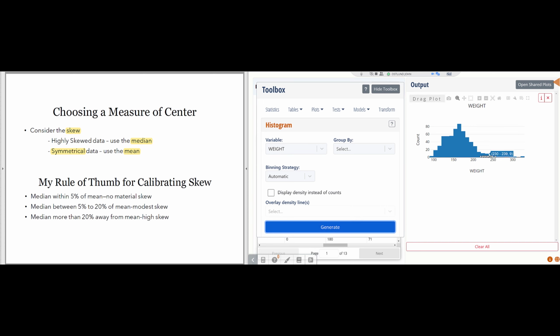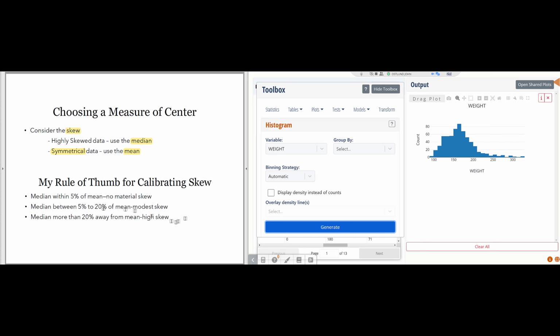And we saw that this is right skewed. In fact, a box plot makes that even more obvious. So we might argue that using the median value is a better representation of the center of this distribution as opposed to using the mean value.